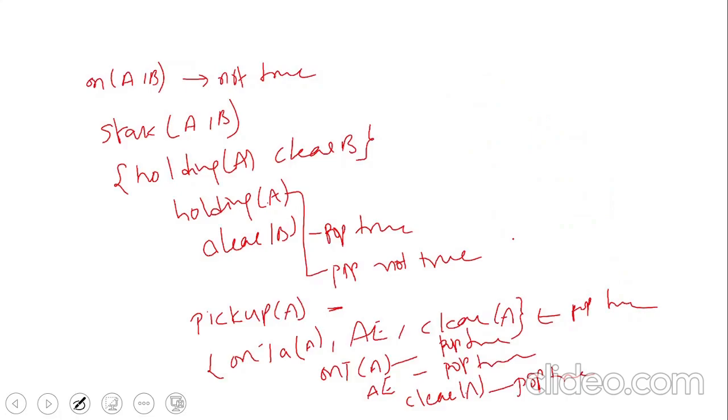So we now pop out pick up A. After that, what is the next action? Stack A B. Next, remove these two, both are true. Next remove stack A B.